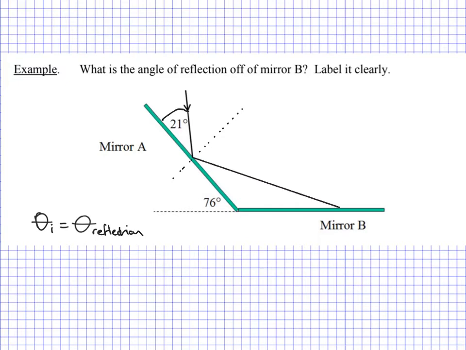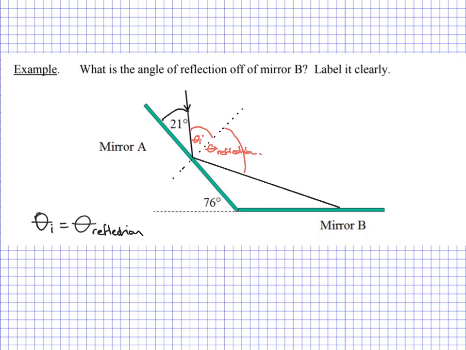It's going to be incident now on mirror B. Let's indicate which angles we're talking about. This angle here is going to be the angle of incidence, which means this angle here is my angle of reflection.